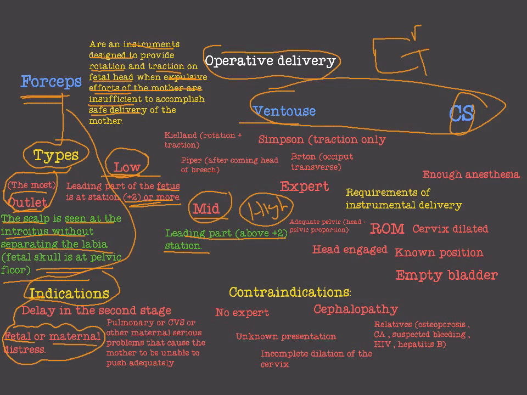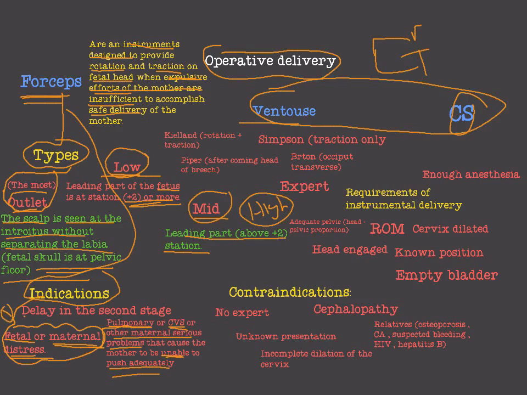Maternal distress is when we have a pulmonary problem in the mother, a CVS problem, or other serious maternal problems like hypertension, for example, that cause the mother to be unable to push adequately. So why can't the mother push? Because she has a pulmonary problem, CVS problem, or other maternal distress that prevents her from pushing the baby. So this is the first indication: fetal or maternal distress.